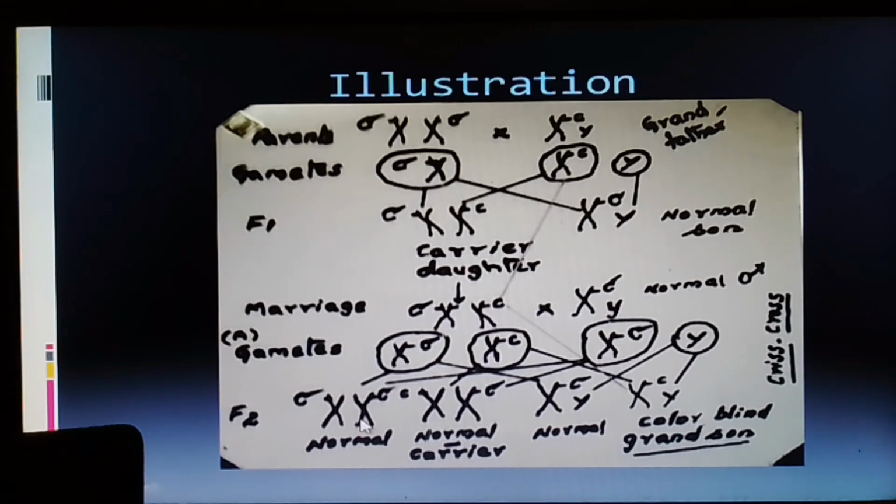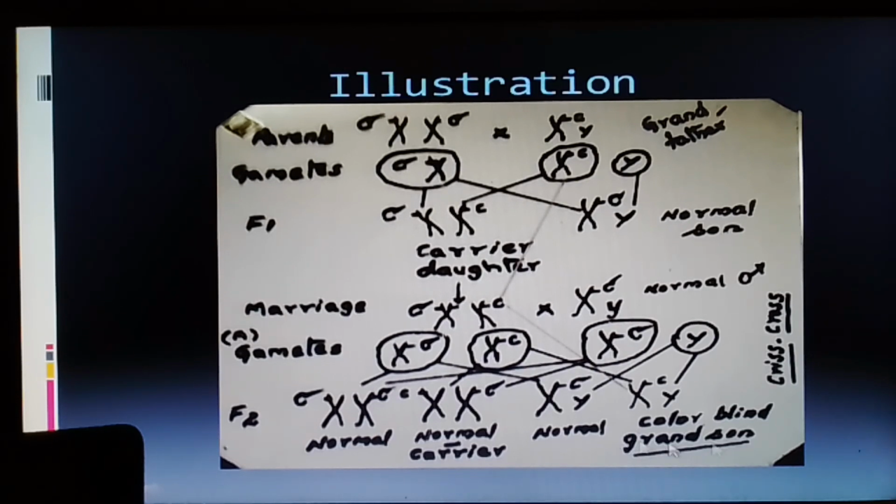One daughter receives both capital C, from mother a capital C, from father a capital C. And the other daughter, having two X chromosomes, receives small c from her mother and capital C from her father. So out of the two daughters, one is carrier, the other is normal.